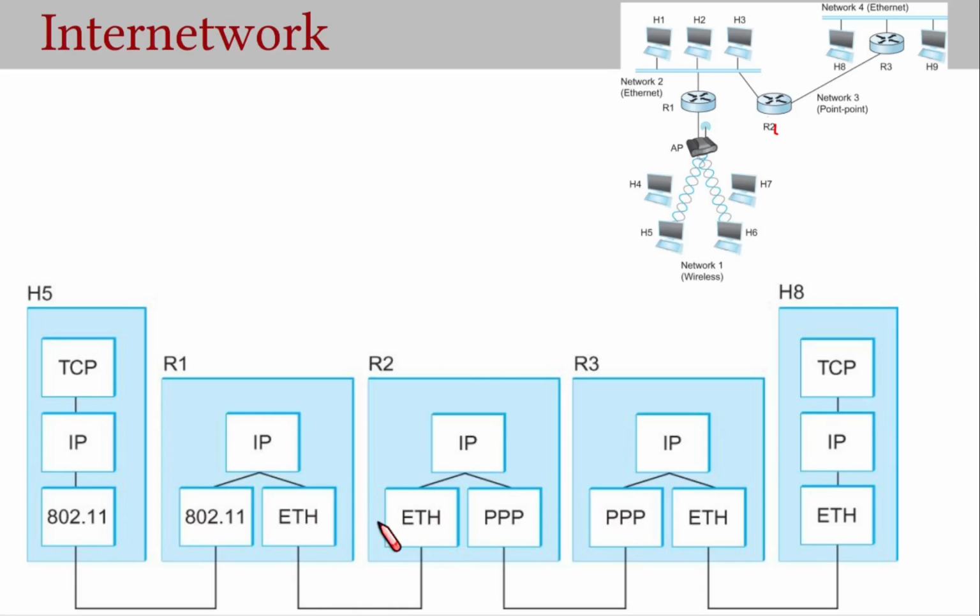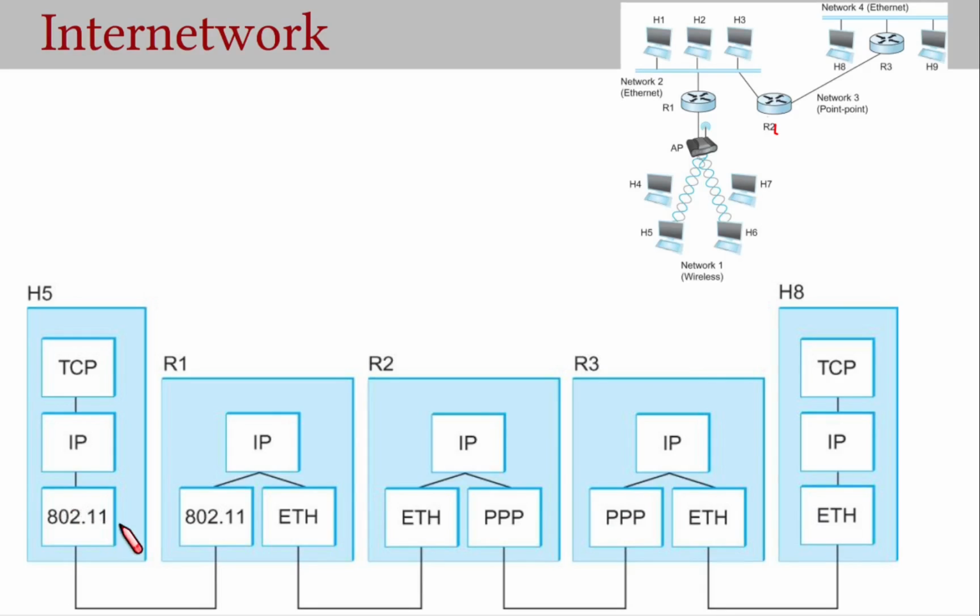Then between R2 and R3 there is a point-to-point link, so they are connected using yet another technology. And finally R3 connects to the host H8 again through Ethernet.